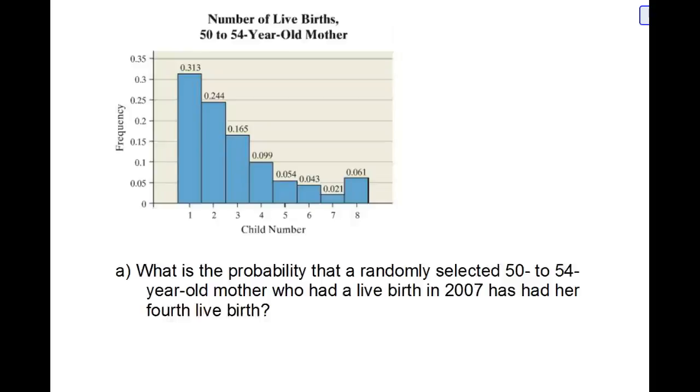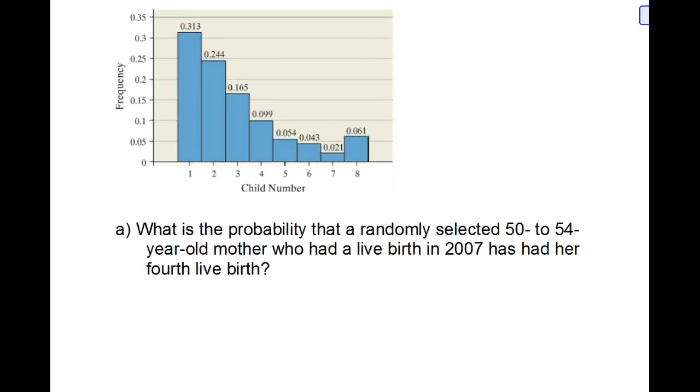And so looking at this, if I want the probability that a randomly selected 50 to 54-year-old woman who had a live birth in 2007 has her fourth live birth, so she would fit into this group. Maybe she wasn't necessarily one of these people, but we can make a prediction off of this.